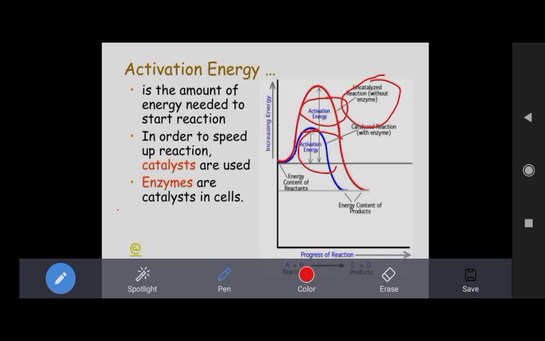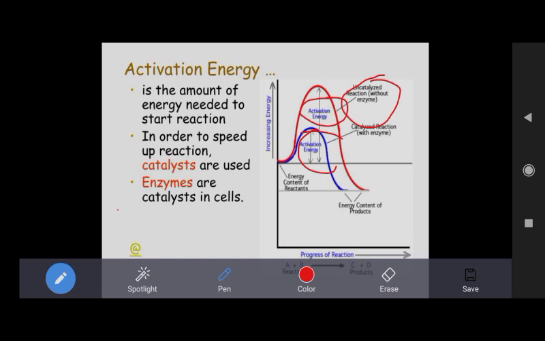So activation energy is the minimum amount of the energy needed to start a reaction, or we can say it is the amount of the energy required for the reactant to get converted into product. So if there is no enzyme present, the activation energy will be more, because we know that enzyme accelerates the rate of the chemical reaction.